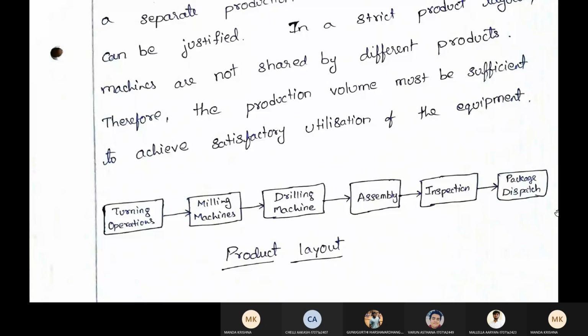This is for one product. So to perform these operations, the machining equipment will be arranged in this sequence, so that the product will enter here, complete its operations, and be dispatched. This is about the product layout.